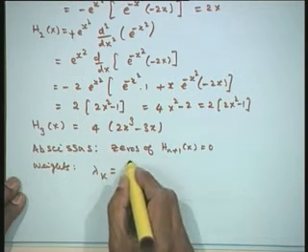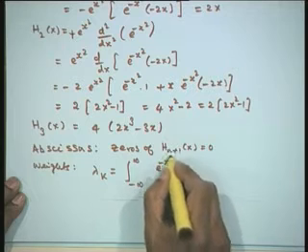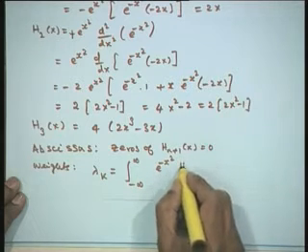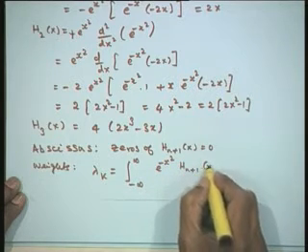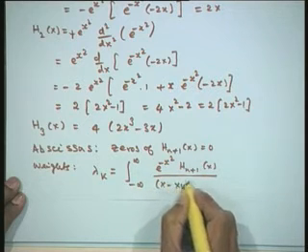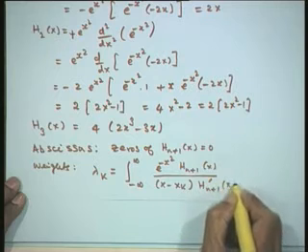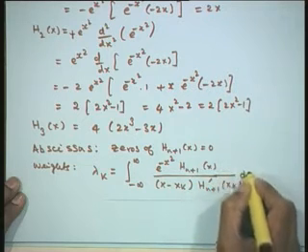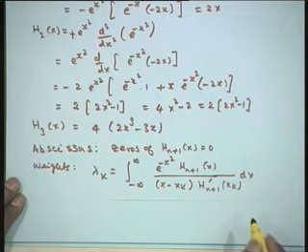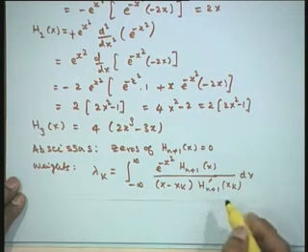So, lambda k will be the integral from minus infinity to infinity of the weight function exponential of minus x squared h n plus 1 (x) divided by x minus x k into derivative of h n plus 1 at x k, dx. So, these will be the weights for the Gauss-Hermite quadrature rule.